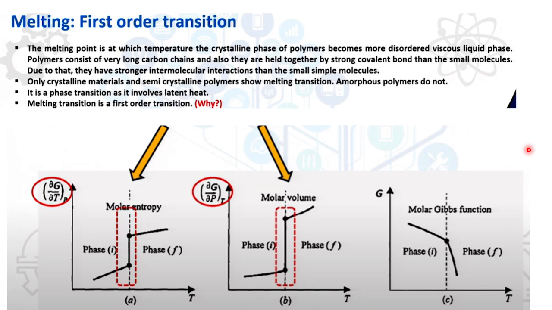And why is it first order? Because you know that melting is actually del G del T, the change in Gibbs energy. That's why this is a first order transition. You see, from this to this, the phase changes after this transition.